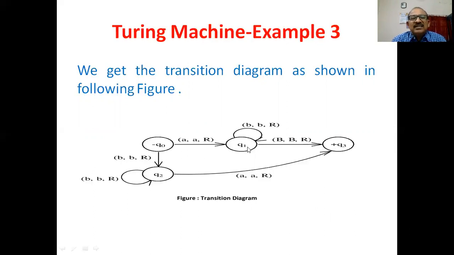It means that there exists a transition function delta Q0, input A, equals Q1, A, R. Then we draw an arc from state Q0 to Q1. In the same way, we repeat this process for each transition function, and we get a transition diagram. You already know this process of making a transition diagram.